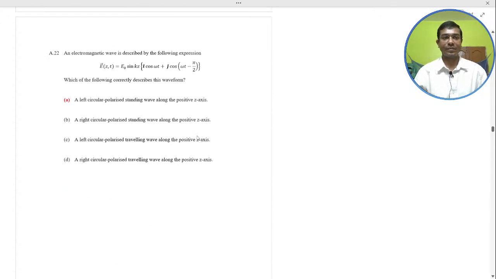Next, an electromagnetic wave is described by the following expression. Which of the following correctly describes the waveform? The standard equation of a standing wave, that is u(x,t), is nothing but twice a sin kz cos omega t.